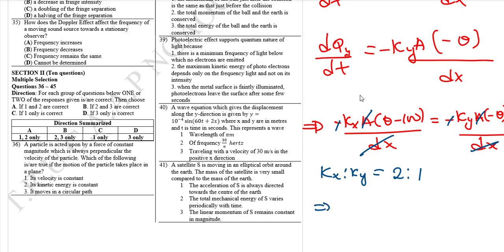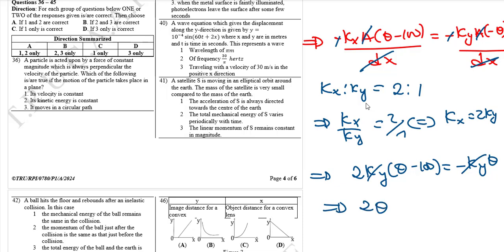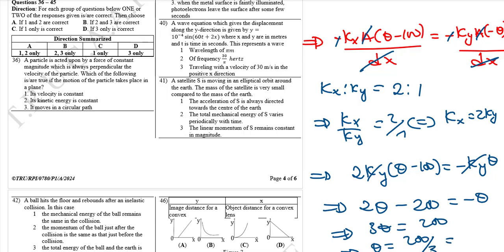So this means Kx over Ky is equal to 2, from where Kx will be equal to 2Ky. So I can replace it there. Kx will now become 2Ky into theta minus 100. So this should be equal to negative Ky times theta. So Ky will cancel. So this means I will have 2 theta minus 200 is equal to negative theta. So from here we have 3 theta is equal to 200. So theta will be equal to 200 divided by 3, which is the interfacial temperature.